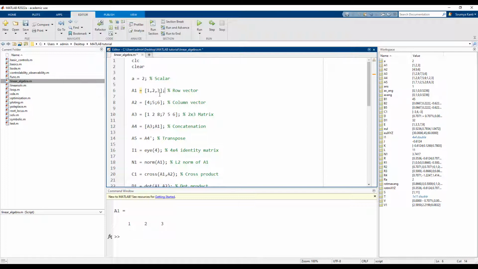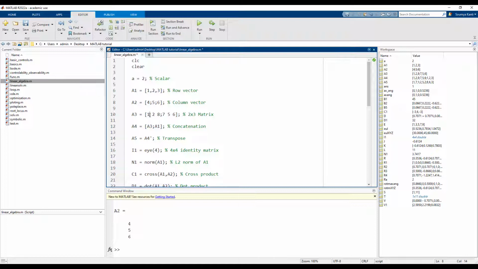So either a comma or a space will work. But if you have a column vector, you need to separate the elements by a semicolon. You can see there are semicolons, and if I now run it, it is in column format.